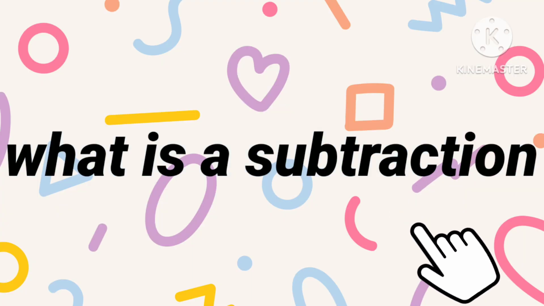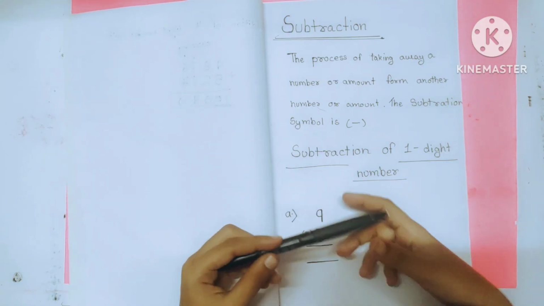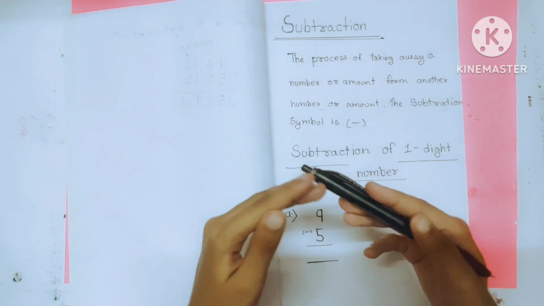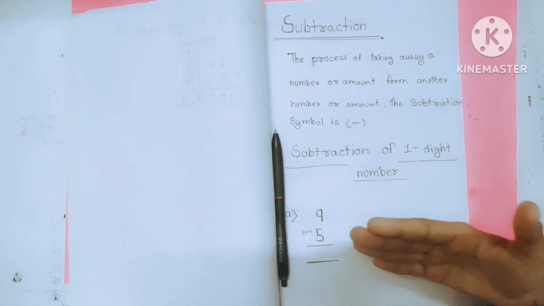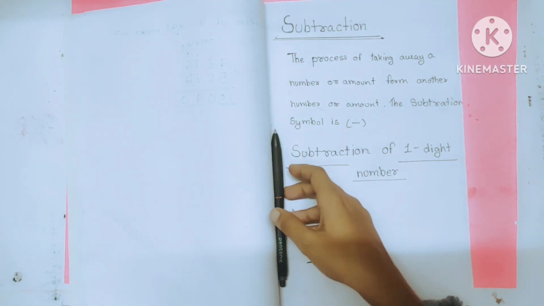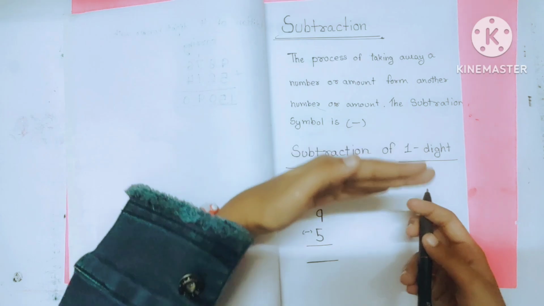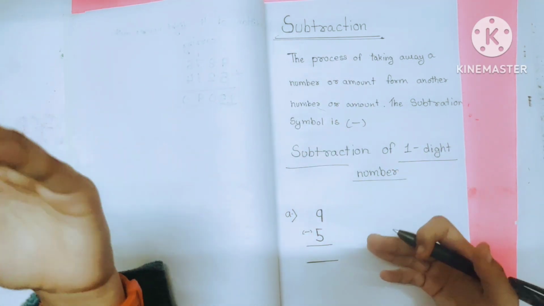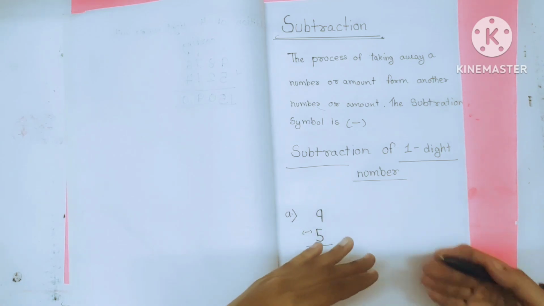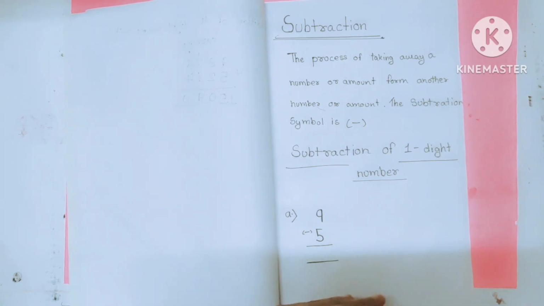What is a subtraction? Subtraction is the process of taking away the number or amount. A process of taking away means reducing, reducing of numbers or amounts from other numbers or amounts.